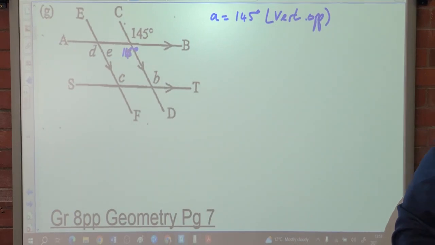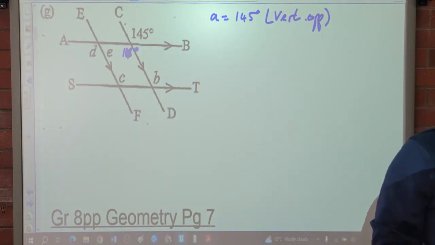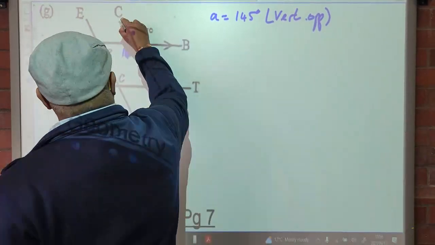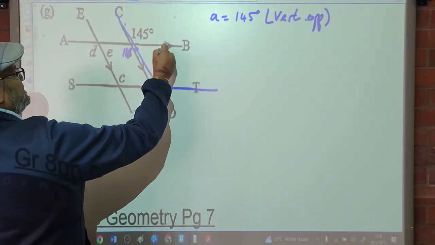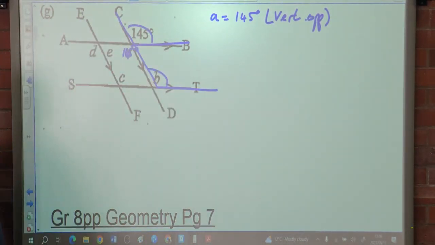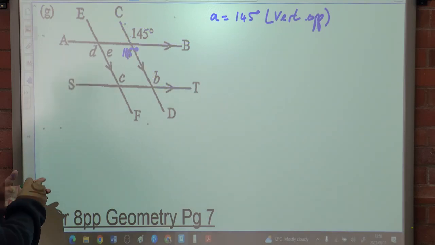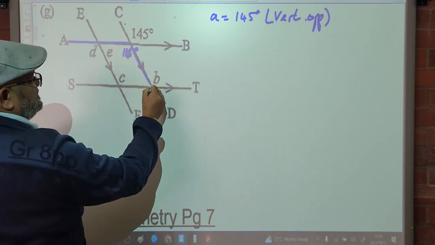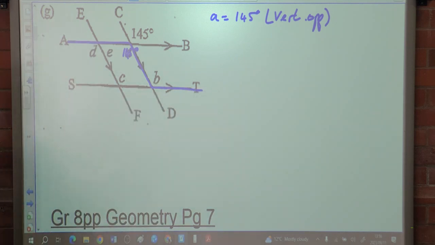B. Yes, corresponding. You can go with corresponding angles, absolutely. Can you all see that there? Corresponding with AB being parallel to ST. Or we can use alternate angles here. Any one of the two you'll get full marks in the exam.